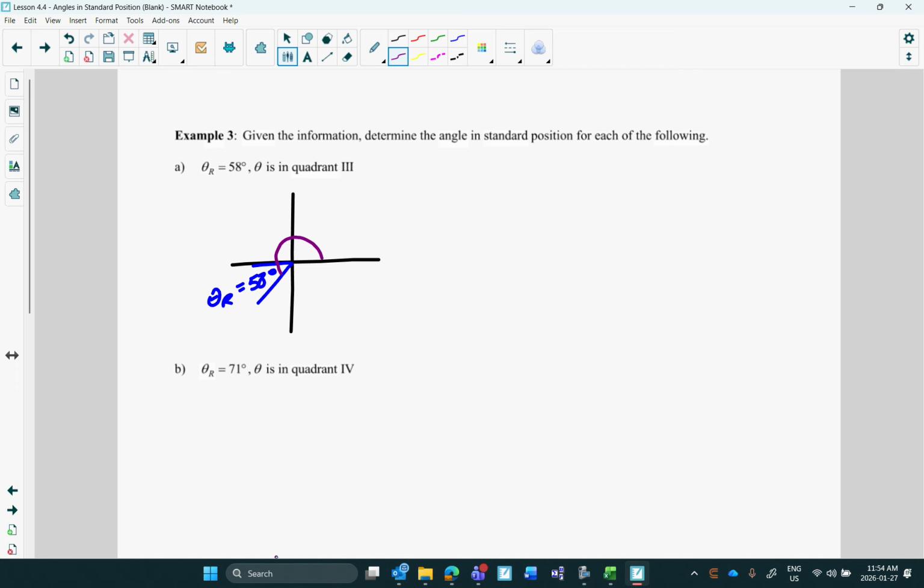It's that, because it always starts here. How would I find theta? I know this portion is 58 degrees, and I want to know from here to here. That gives us 238 degrees.